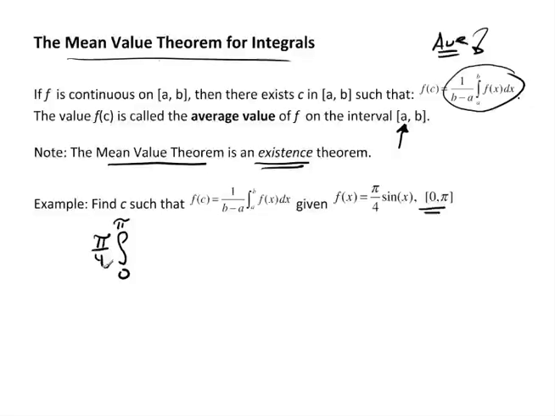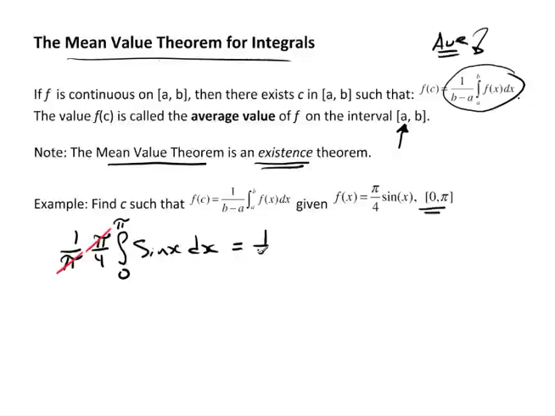Pi over 4 times the integral of sine x dx, but I need the average of this. Now this interval is from 0 to pi, so the average means multiplying by 1 over pi, which in this case is nice because the pi's cancel out and I end up with nothing but 1/4 out front.